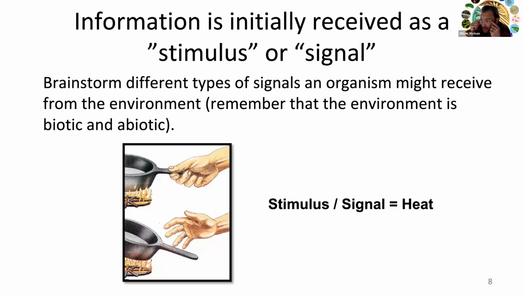You're getting light waves to your eyes, and that's causing this response that's fear. Or for example, you could have this frying pan that's got a lot of heat in it, and you're feeling pain in response to that heat, but that pain is a response in the organism. It's not the actual stimulus itself. The stimulus in that case is heat. Okay, so it's important to make the distinction between a stimulus or signal like heat and then the actual response, which is fear or pain or whatever it is.